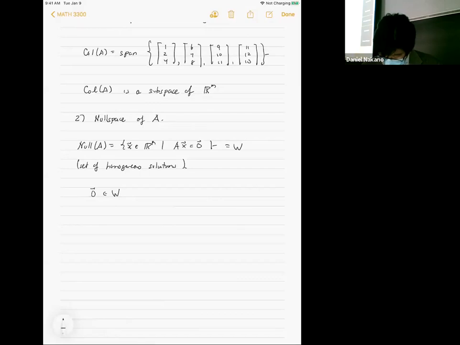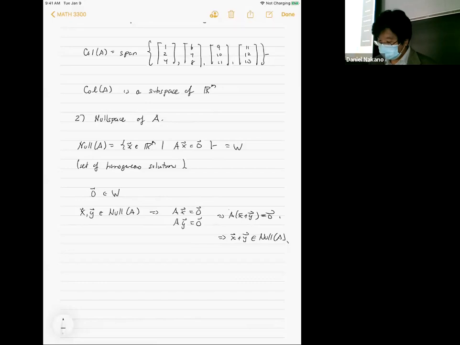That's good, because A times 0 is 0. And if I take X and Y in the null space of A, what does that mean? That means AX is equal to 0 and AY is equal to 0. So A times X plus Y also equals 0. If I take two vectors in the null space, the sum has to be in the null space too. It's a nice easy check.